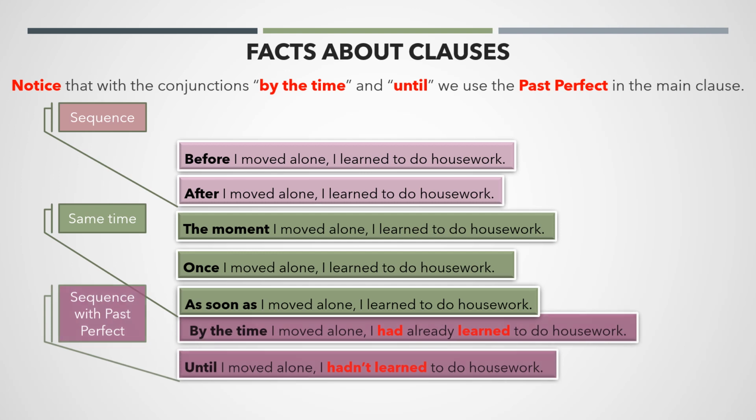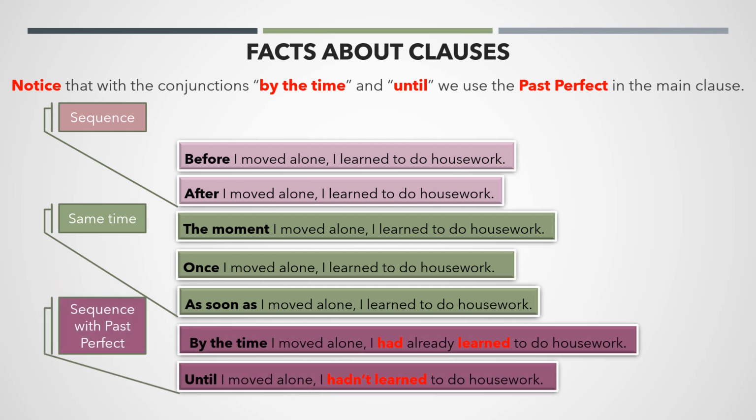In the case of by the time and until, they also express sequence, but in this case it is usual that the past perfect is present in the main clause, as you can see in this example in red. By the time I moved along, I had already learned to do housework. Until I moved along, I hadn't learned to do housework.